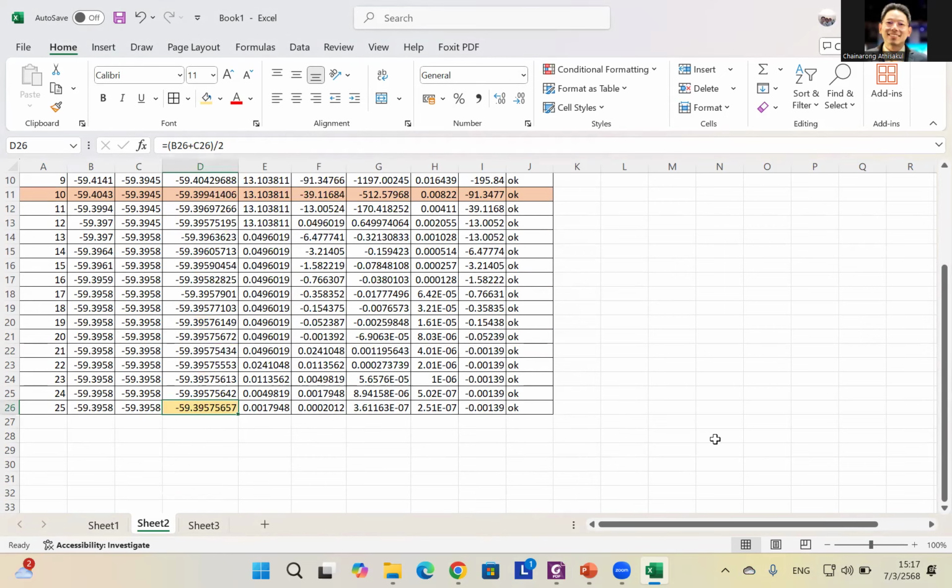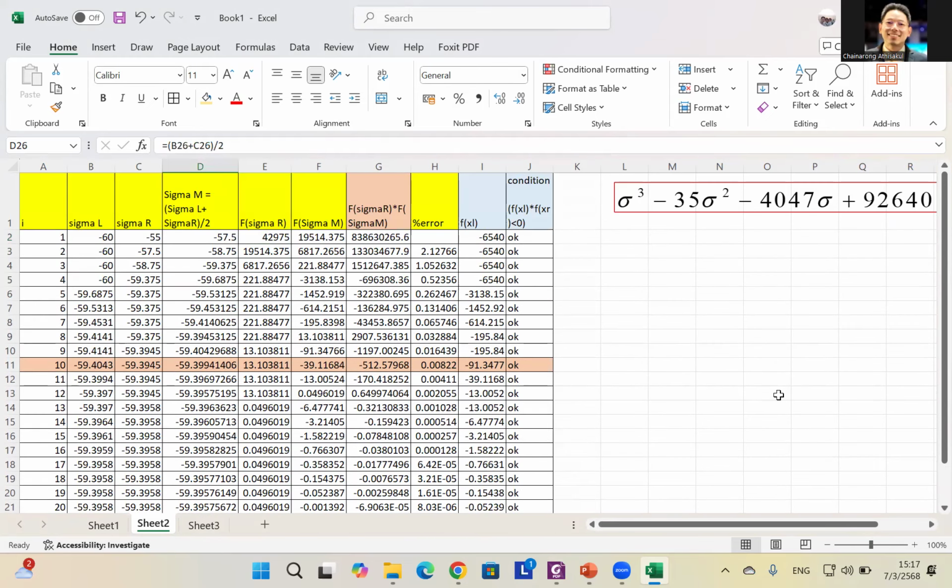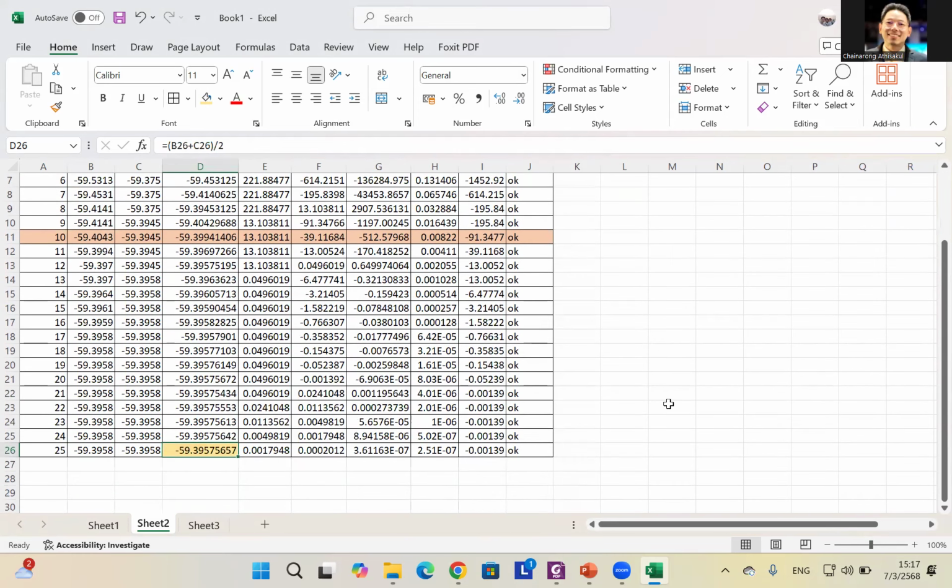You have to conclude the solution, that we have the sigma equal to this value at the end of the iteration. Then it may be better for us in these cases to solve with the bisection.